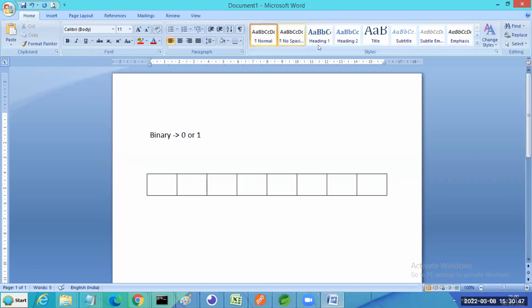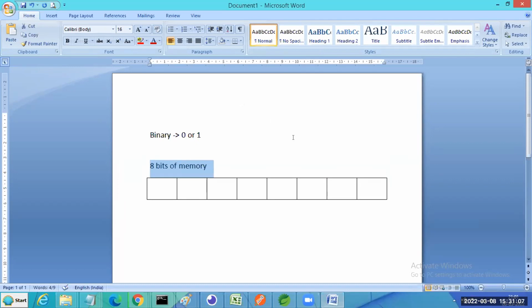It only understands either 0 or 1. Each memory block can store either 0 or 1. How many memory blocks have I created here? 8. So let us call this 8 bits of memory. 8 bits equals how many bytes? 1 byte.